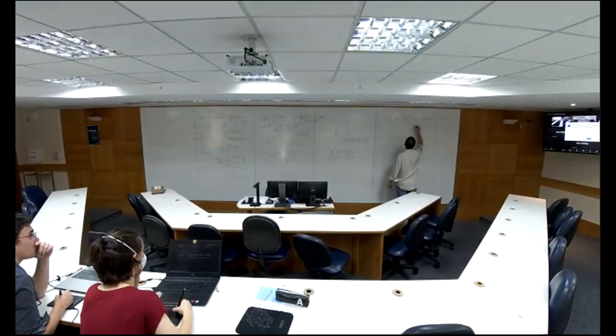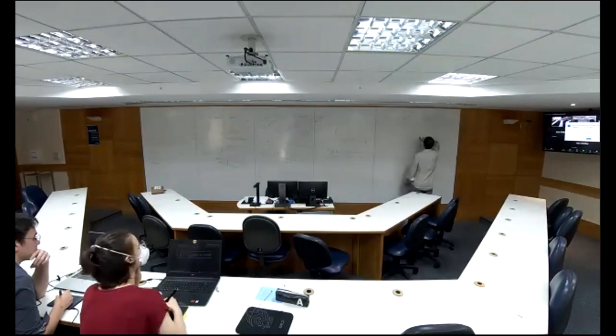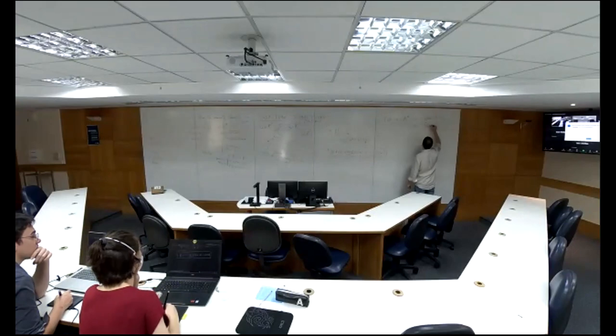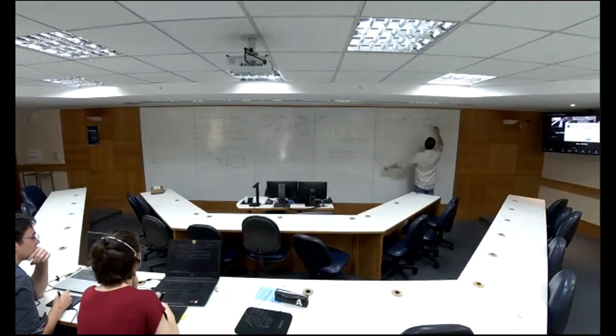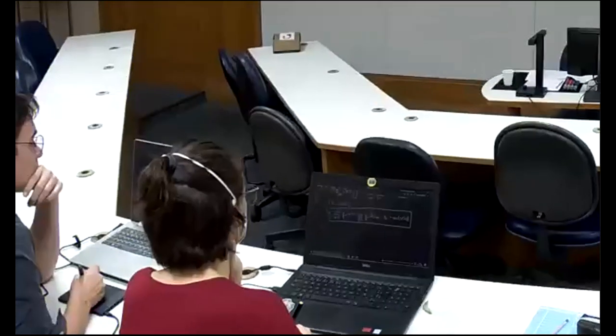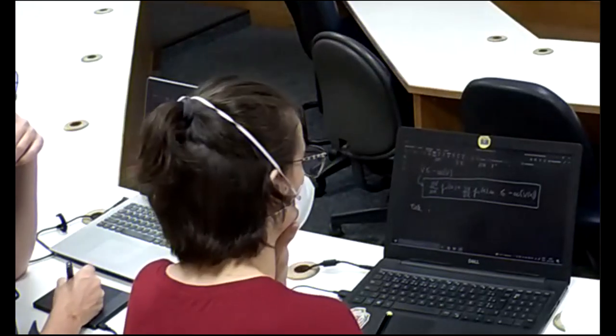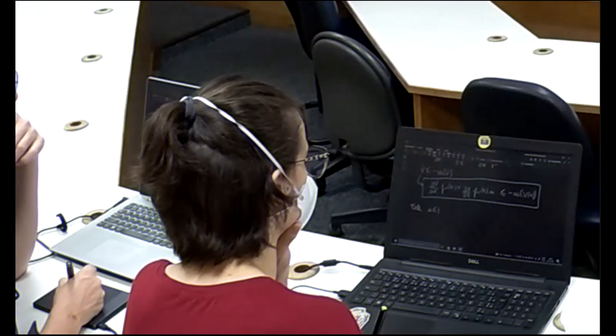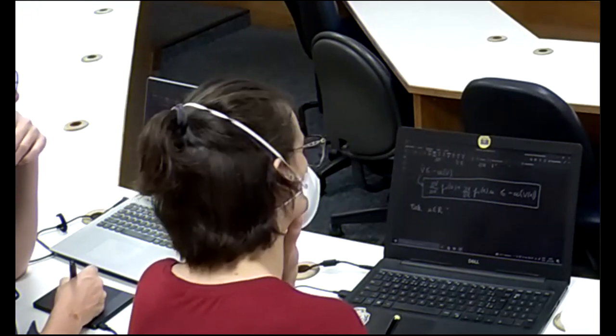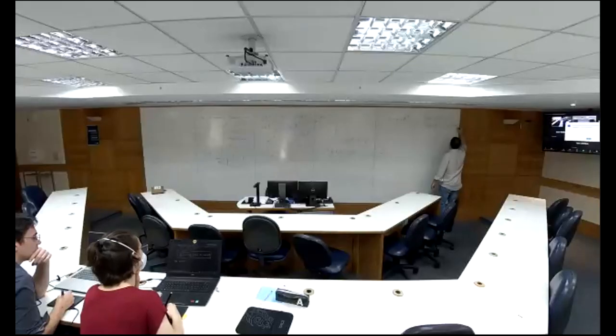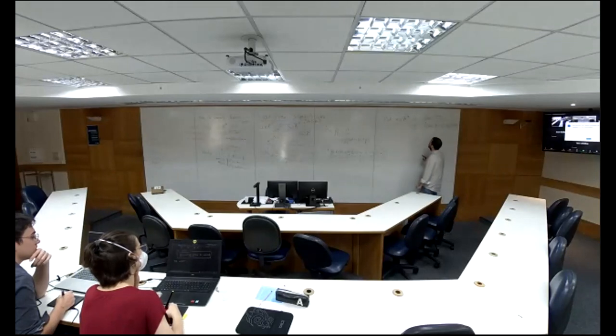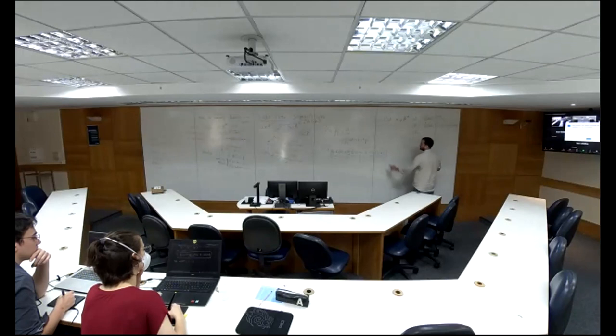Which is the same as such that V dot, which depends on x and u, is less than or equal to minus alpha. It's the same as this.